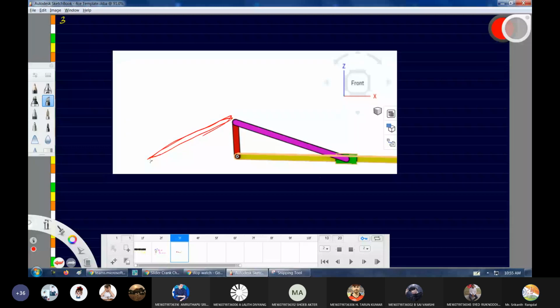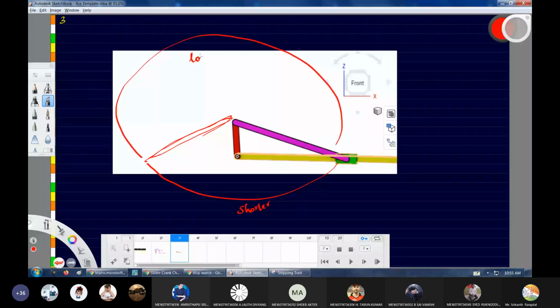The bottom path is shorter and the top path is longer. Am I correct? The path taken at the top is longer, the path taken at the bottom is shorter.